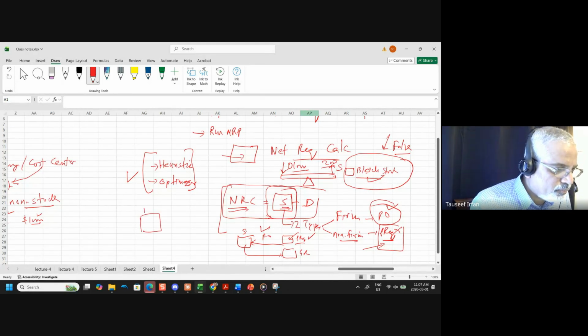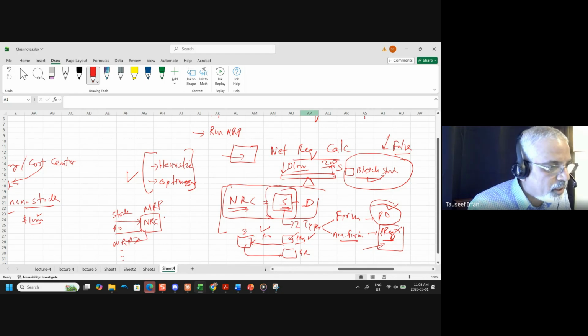MRP does the net requirement calculation. It takes all the data it needs: your stock data, your purchase data, all the MRP parameters data, lot size, lead time, all that.